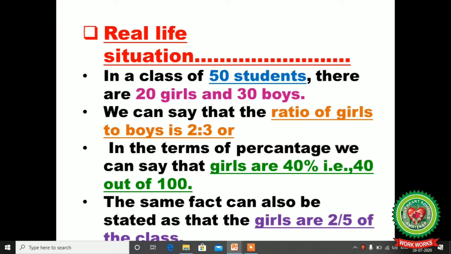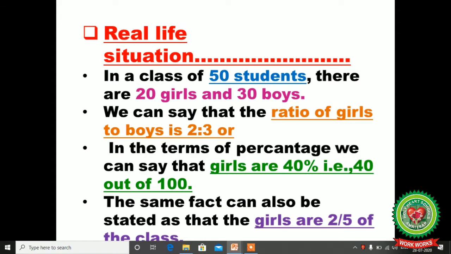In terms of percentage, we can say that girls are 40% out of 100. 20 girls and 30 boys, and with the help of the data given, you find out the percentage. So 40%. And the third situation, the same fact can also be stated as that the girls are 2/5 part of the class.